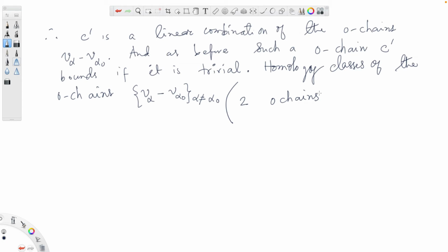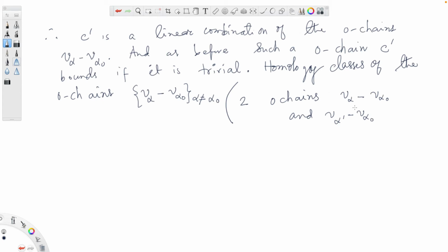So two zero chains. So we are picking up two zero chains from this class. Okay. So V alpha minus V sub alpha 0. This is one zero chain. And another zero chain is V alpha prime minus V sub alpha 0. So alpha 0 is a fixed index. We are not touching that. We're just changing alpha and remembering that alpha is never equal to alpha 0.